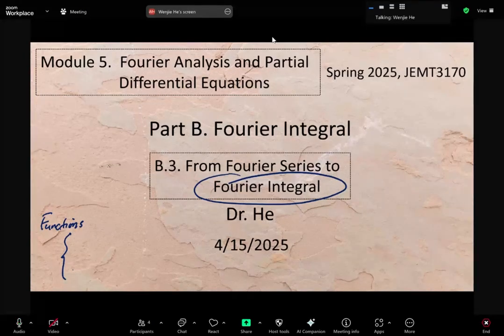The first type is defined on a finite interval, AB. Second, defined on an infinite interval.